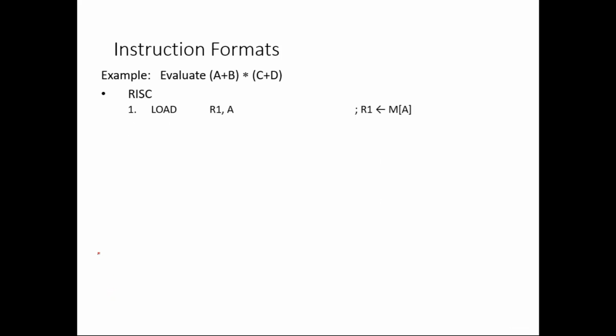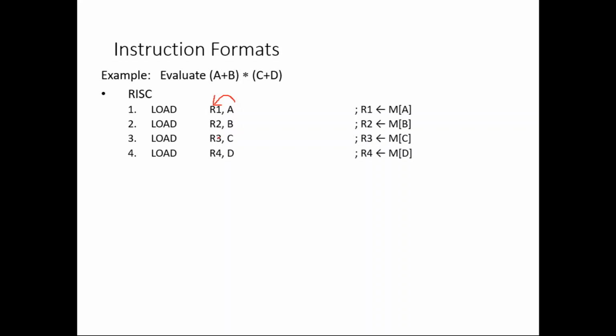The same instruction can be executed in a RISC machine, something like this. Load R1 comma A. This will load the content of memory location A into register R1. Load R2 comma B. This will load the content of memory location B to the register R2. Load R3 comma C. This will load the content of memory location C to R3.